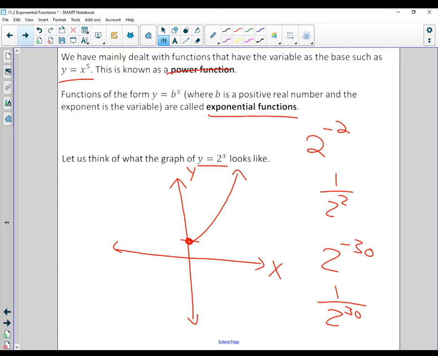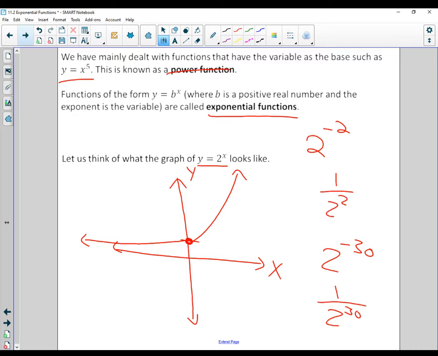We can keep making the negative bigger. What does it never cross? The x-axis, 0, because we just keep getting a smaller and smaller fraction that gets very close but never touches. That's what 2 to the x looks like.